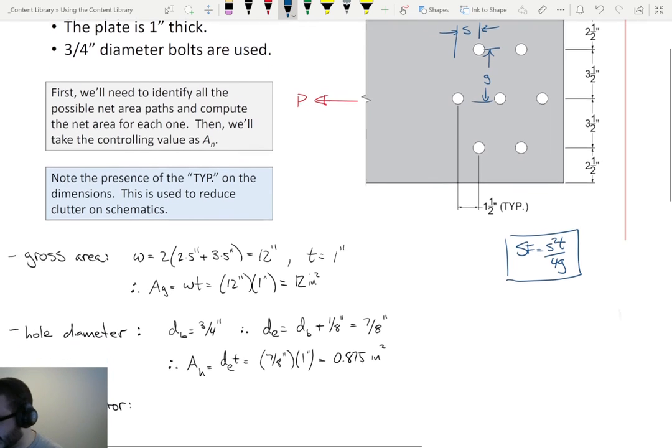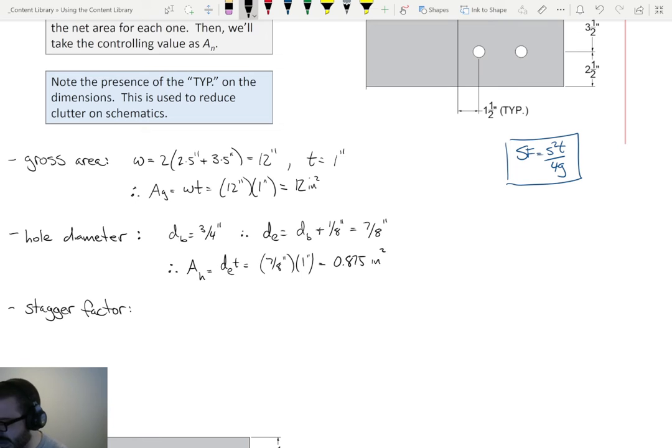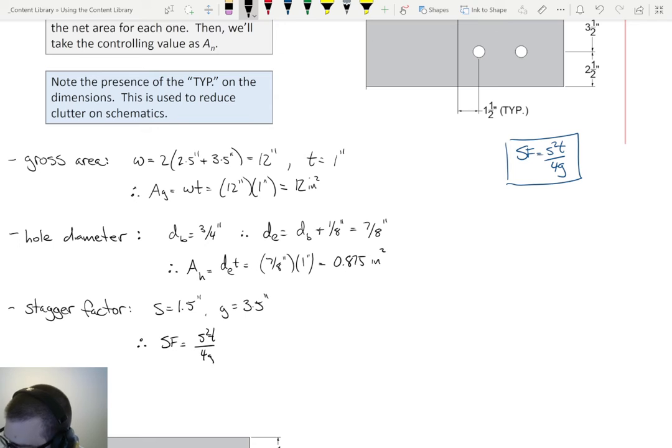So the stagger factor is s squared t over 4g, which is 1.5 inches squared times 1 inch over 4 times 3.5 inches.